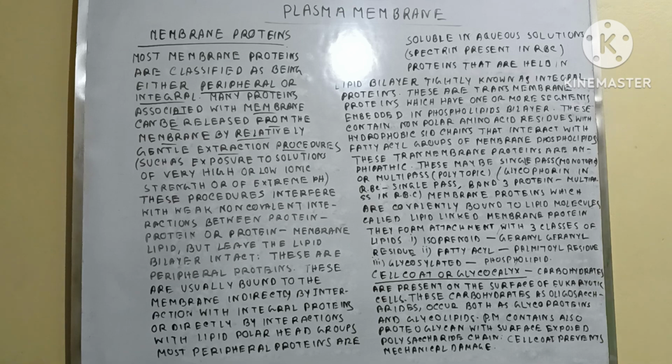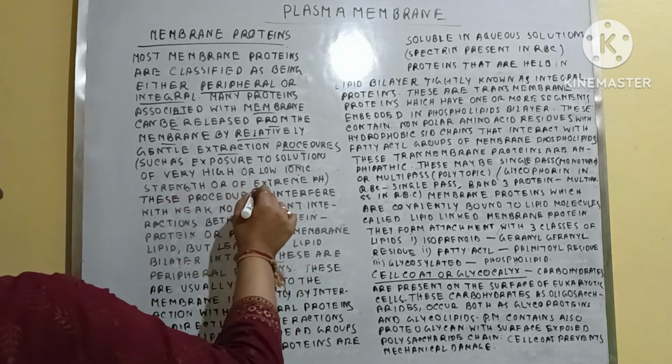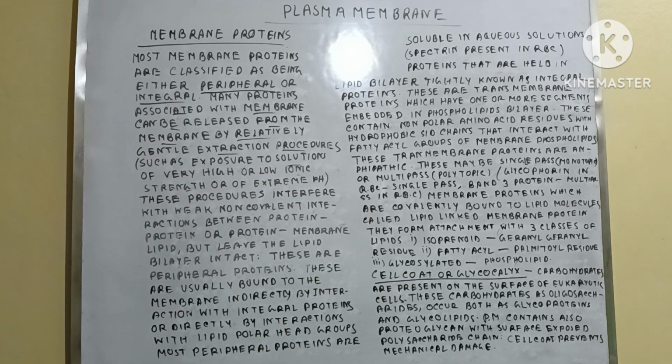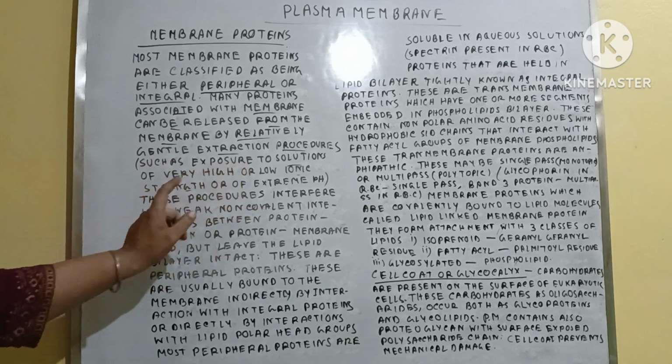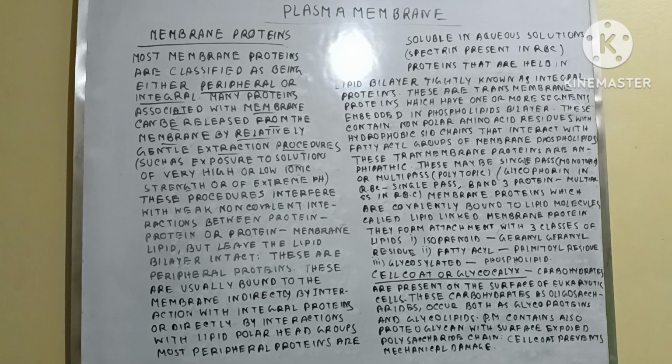What are the extraction procedures? Exposure to solutions of very high or low ionic strength or of extreme pH. If a membrane contacts a high or low ionic strength solution or an extreme pH solution, then some proteins are released from the membrane. These are called the peripheral proteins.